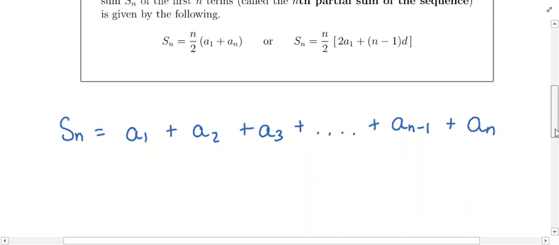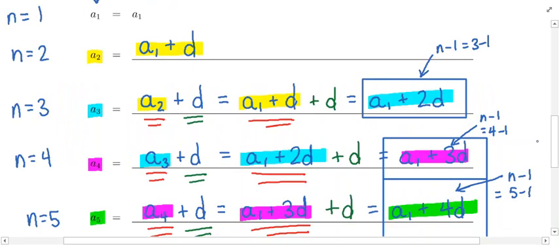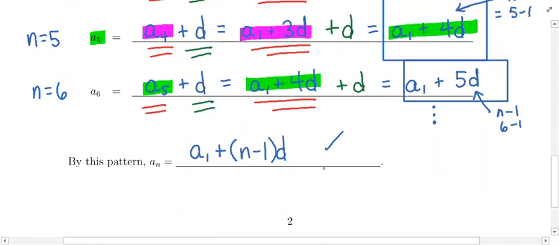Okay? All right. So now what I'm going to do is use some of my previous work. If you remember early in this section on page 2, we came up with a formula for the nth term of an arithmetic sequence. We came up with this formula right here in the blank.